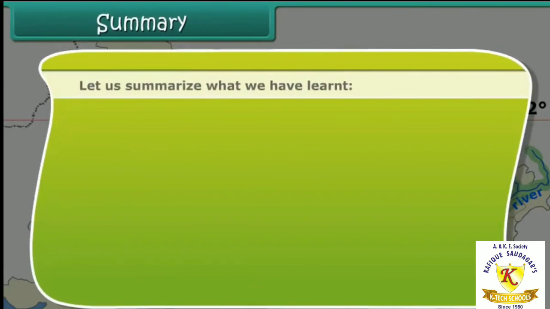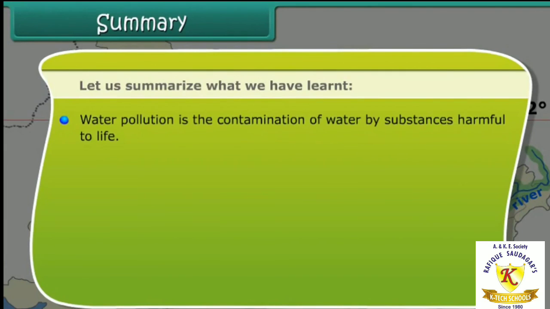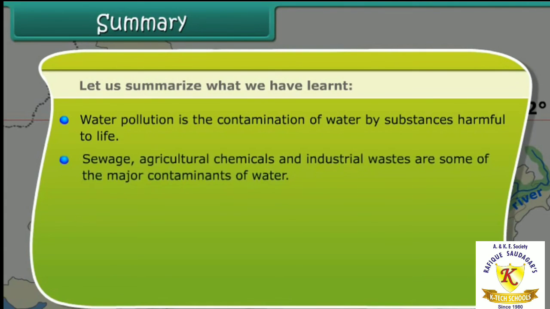Let us summarize what we have learned. Water pollution is the contamination of water by substances harmful to life. Sewage, agricultural chemicals, and industrial waste are some of the major contaminants of water.